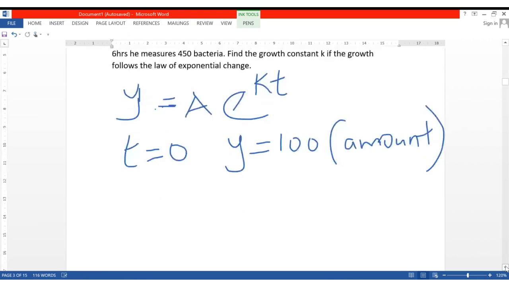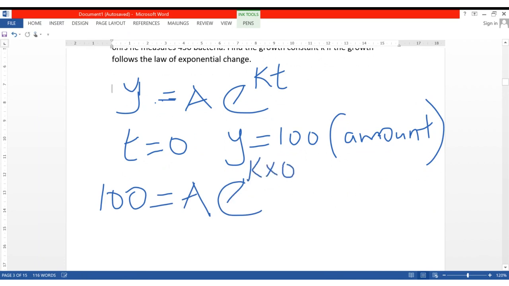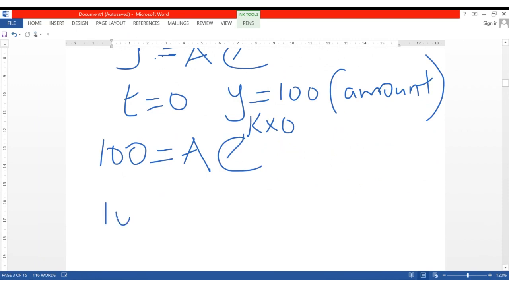So I replace where there's a y with 100, where there's a t with 0, nothing else. And then we solve for the value of a. Replacing, you'll get 100 the same as a exponential, our k we don't know the value of it, but we know our time is 0. Any number multiplied by 0 gives 0.